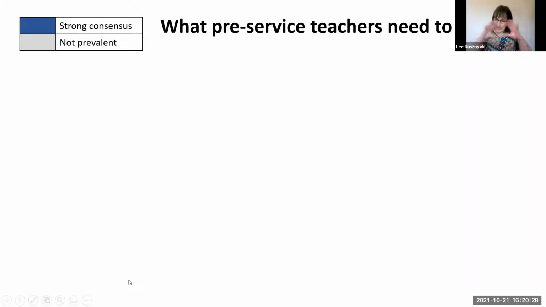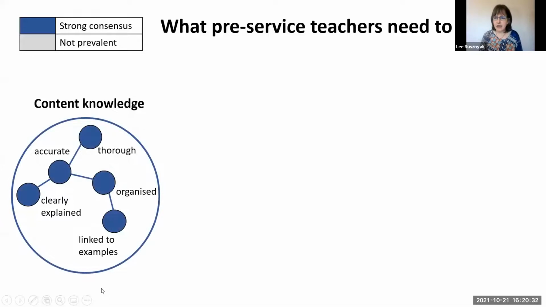The first cluster of ideas is the importance of content knowledge. Again, I'm drawing on the way that Elena Lambrinos has represented the constellations in her doctoral study. It was quite fascinating that across all the instruments, strong content knowledge was required as a group.